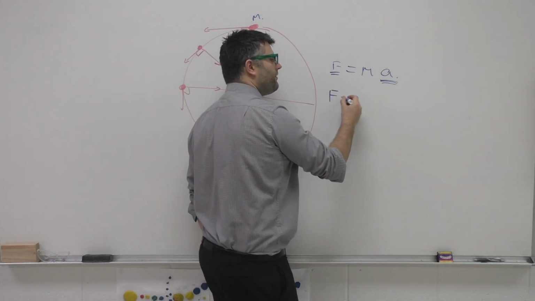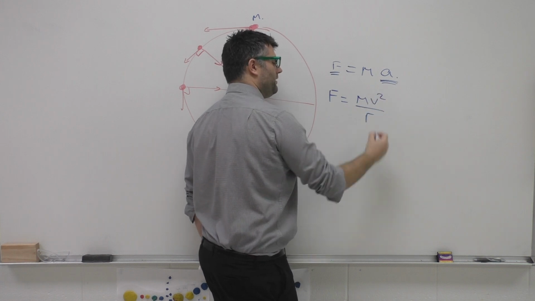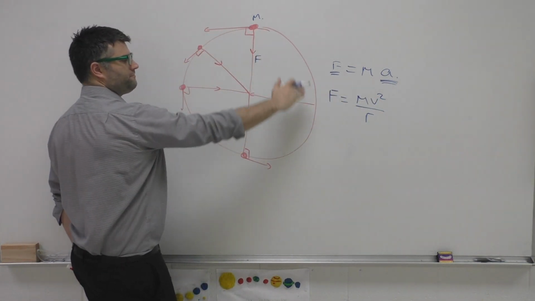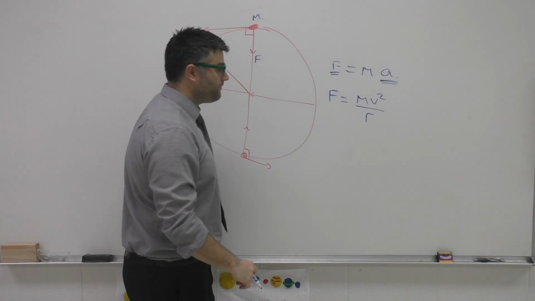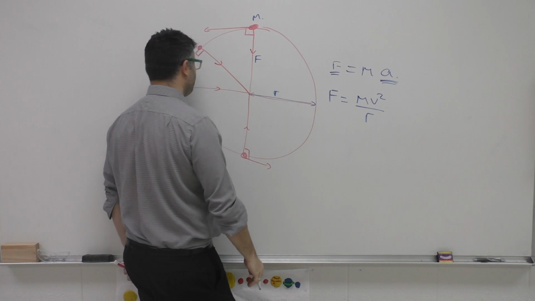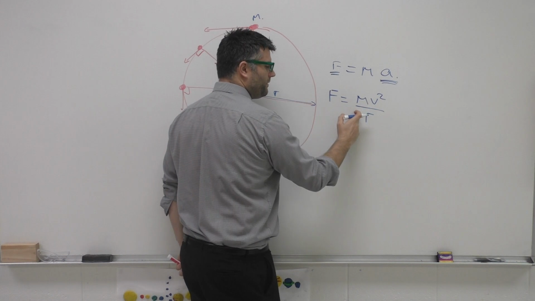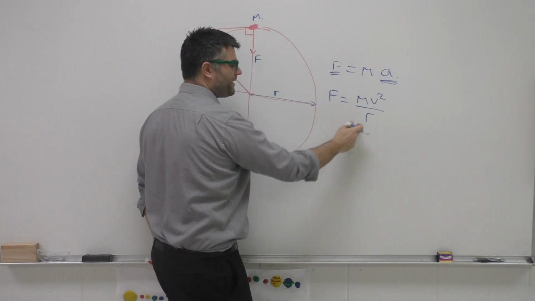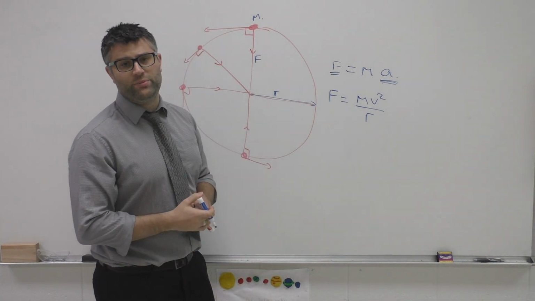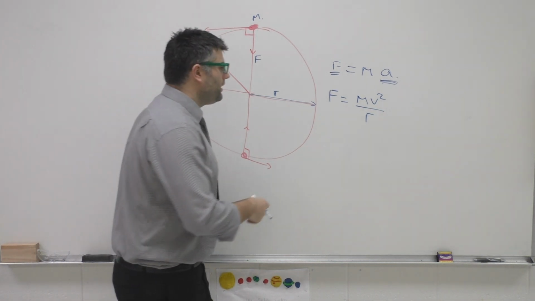Centripetal force is calculated by mv squared over r, where v is the linear speed from last video, and r is just the distance, the radius, there. So quite nicely here we can say what the centripetal force is calculated as. There are lots of good videos on YouTube deriving this equation, and likely a derivation for it in your book as well, so I don't see the need in going through that now.